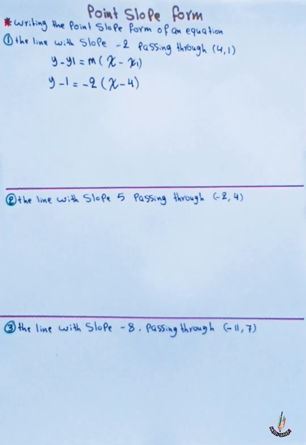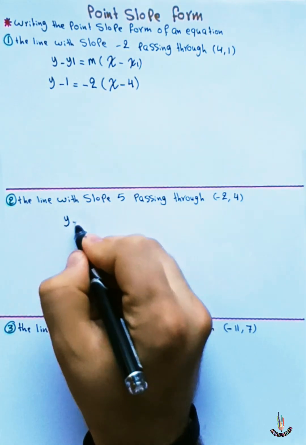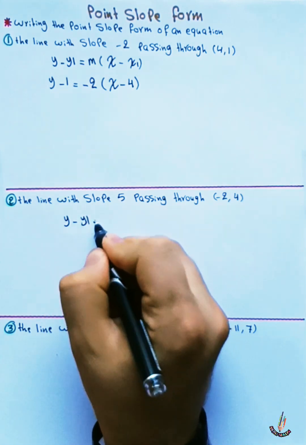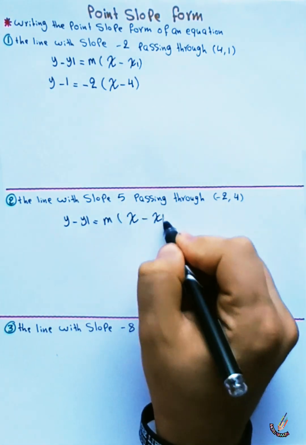Example number 2, we have to write the equation of the line whose slope is 5 and passing through (negative 2, 4). The point slope form is y minus y1 equal to m times (x minus x1).